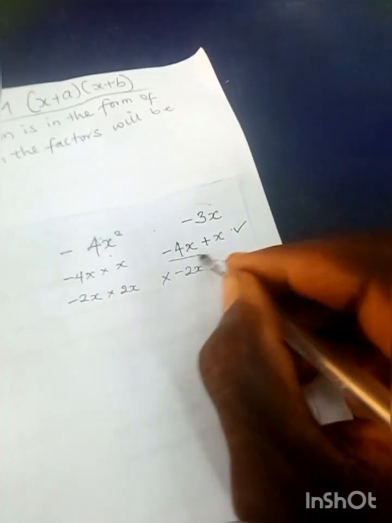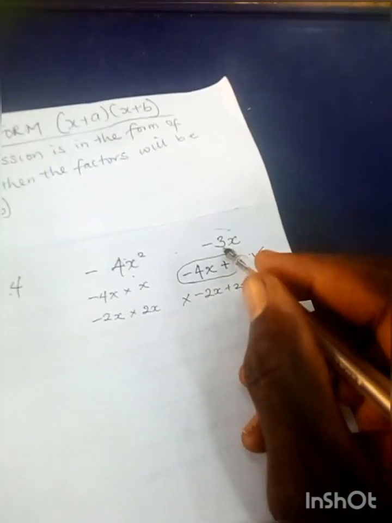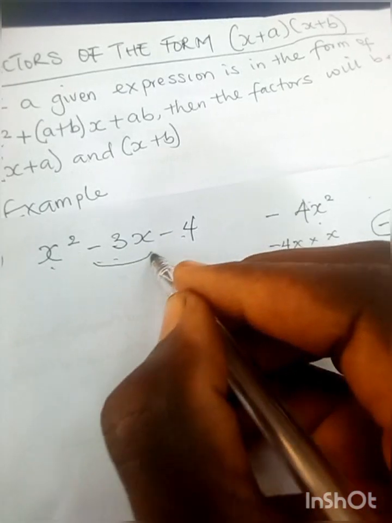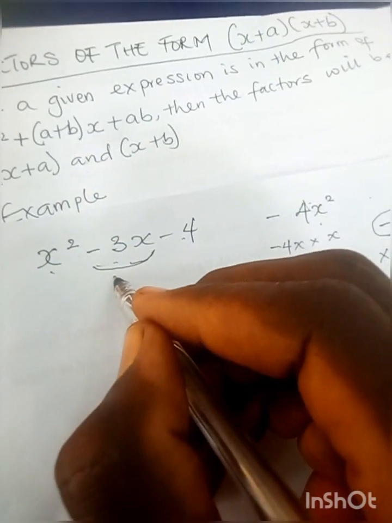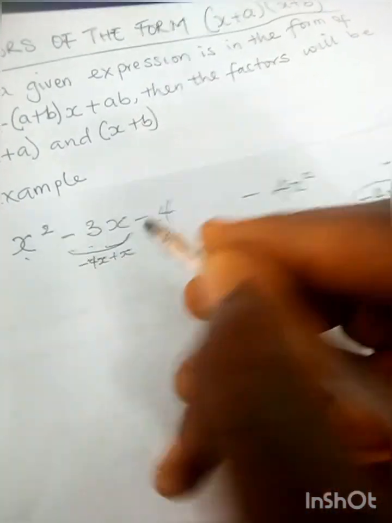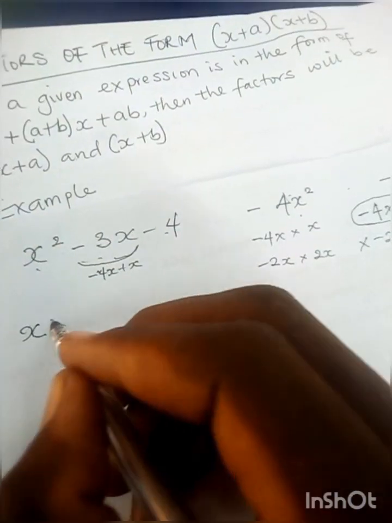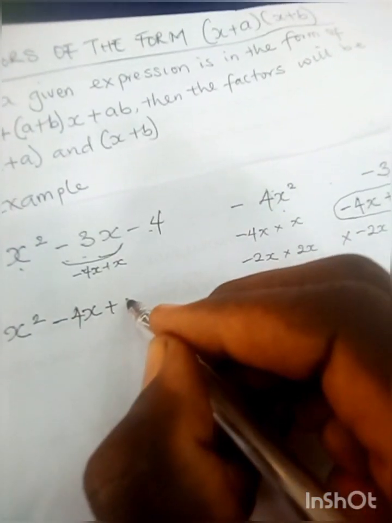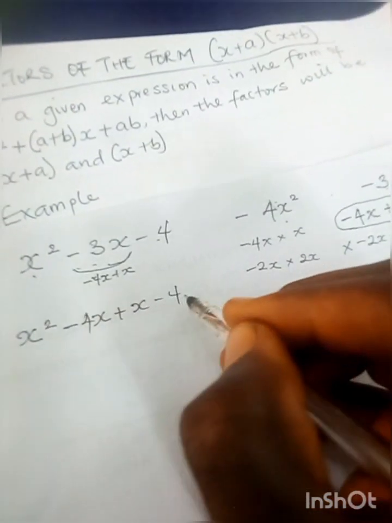So I've taken this one to replace 3x. So we'll bring it here. So here now, this particular value will now be replaced with minus 4x plus x. So we now have here x squared minus 4x plus x minus 4.